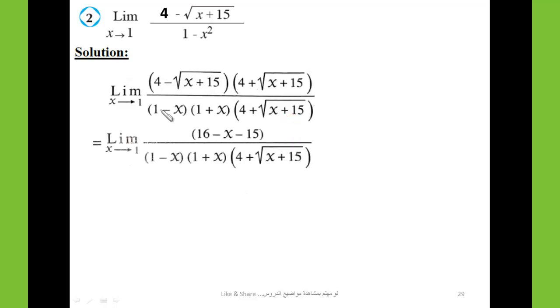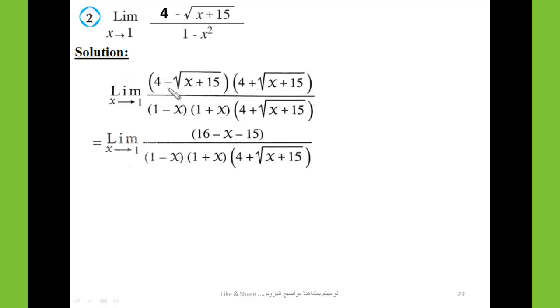So the result will be the first term squared, 4 squared, which equals 16, minus the root squared, and root x plus 15 all squared equals only x plus 15, but we have the negative sign, so it equals negative x minus 15.